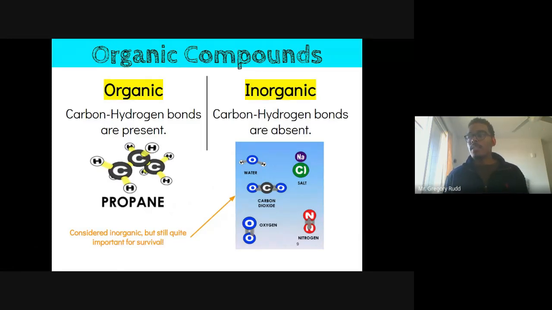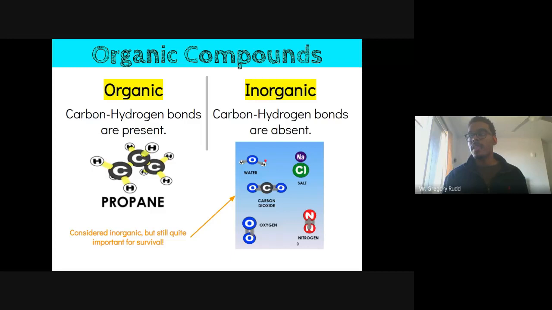But regardless, even though these compounds do not have carbon-hydrogen bonds, which means that they are inorganic, they are still very important for survival. So I don't want you all to think automatically that organic means things that are essential for life and inorganic means things that are abiotic. That's not the case. Inorganic things are not living by themselves, but they are still important for life.